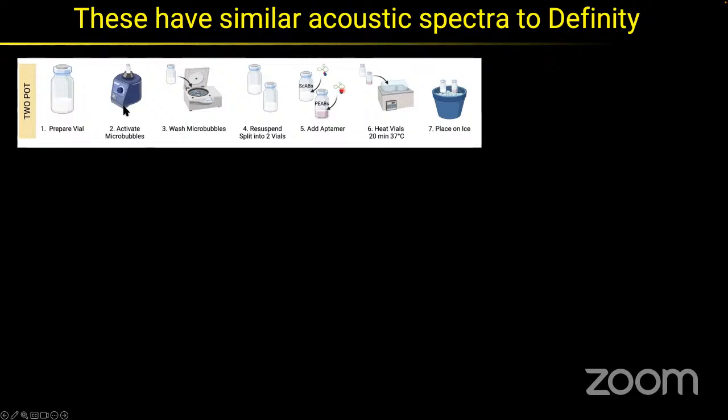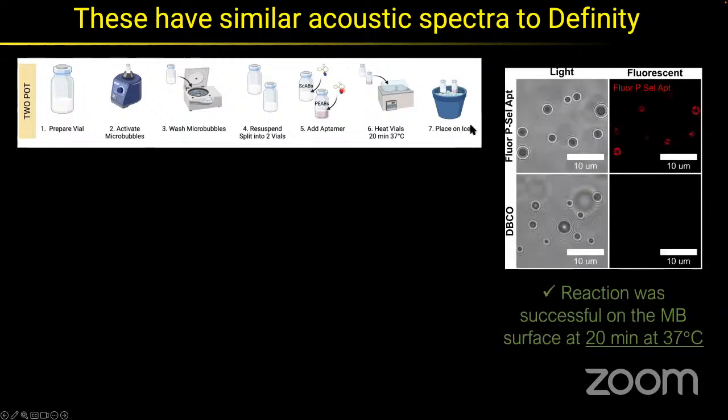After we activate these microbubbles, then we have to wash them because when we activate them, we have our microbubbles in here, but we also have all these extra lipids available. So we have to get rid of those extra lipids because we don't want them binding to our aptamer that we're sticking in. So we wash them, resuspend it into two different vials. Then we add our aptamers, and then we heat them for 20 minutes at 37. Then we place it back on ice.